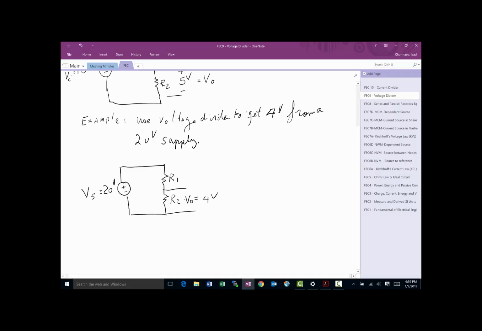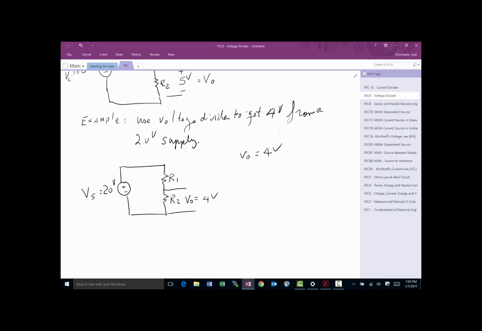So the question is, what do we know? For one thing, we know Vout is equal to 4 volts. Now, we can think back on all the analysis tools that we've learned so far, and we can use any of them. KVL and KCL are the very general ones. Anytime I can use KCL or KVL, my tendency is to use those.